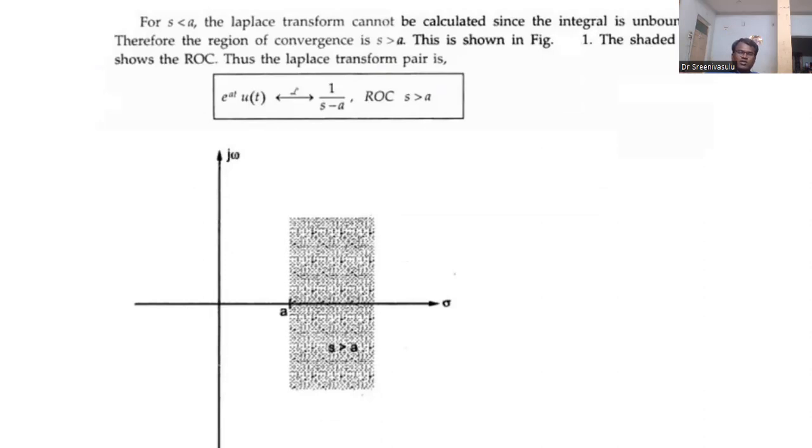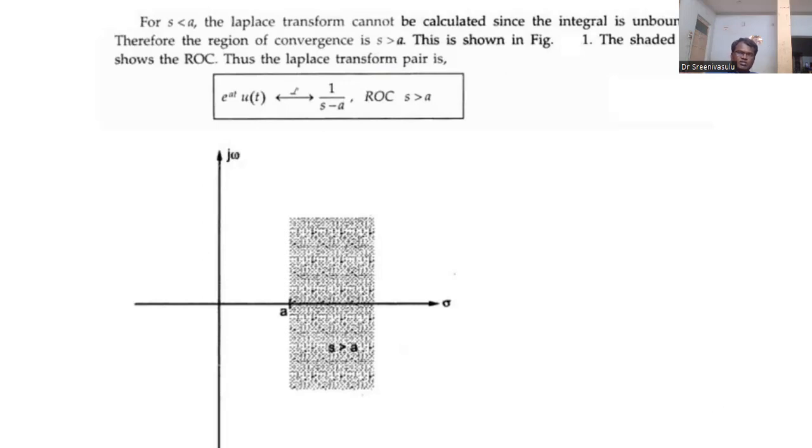Now, whenever s minus a is greater than 0, what is s? It is sigma plus j omega. Sigma plus j omega is greater than a. So here, on the right hand side, there is only a real part, so we need to compare the real part. On the left side, there is sigma plus j omega, and omega is greater than 0, so there is no issue with that.